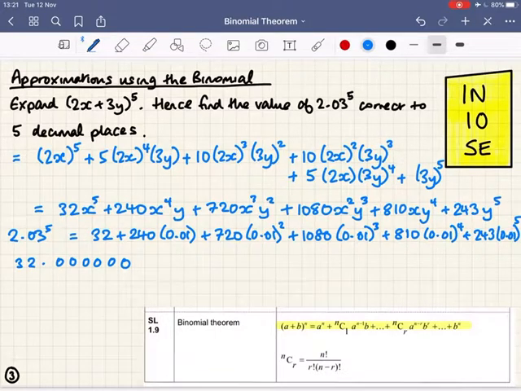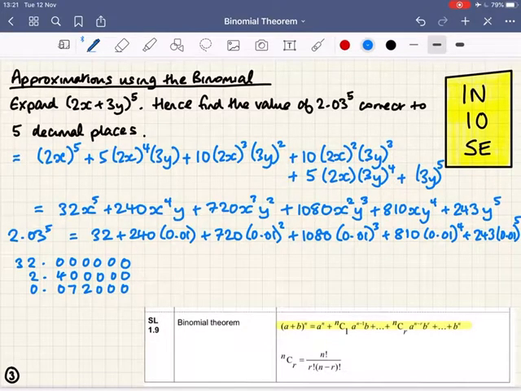240 times 0.01 is the same as dividing by 100, so that would end up with 2.40. And I can fill in with zeros there just for completeness. 720, I'm dividing that by 100 twice, so I'd end up with 0.072.